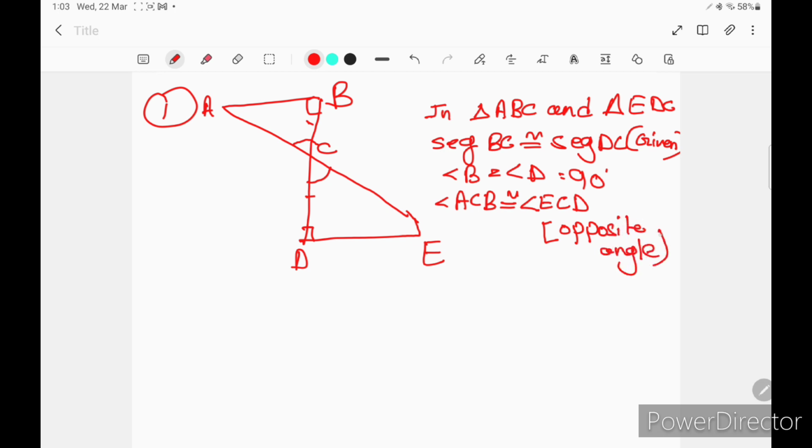So by this property, triangle ABC is congruent to triangle EDC. Here the 90 degrees is given. That means this is a congruent triangle by the RHS criteria. So let's start with the next question.